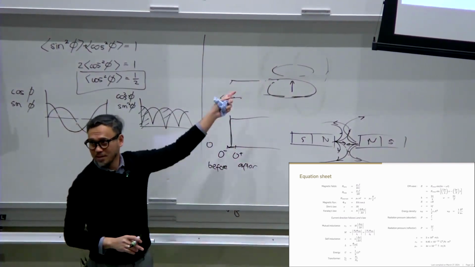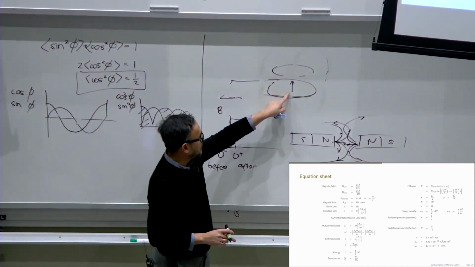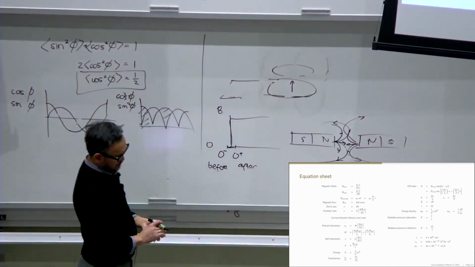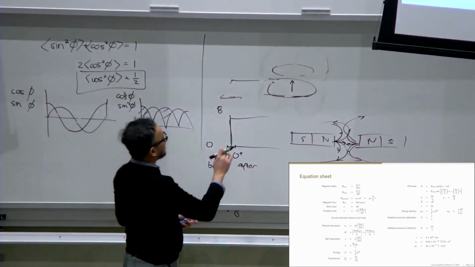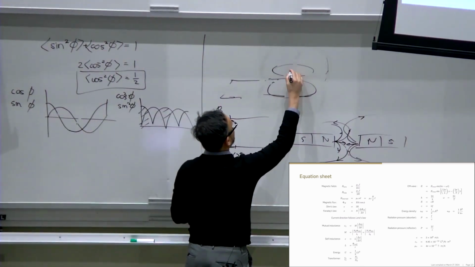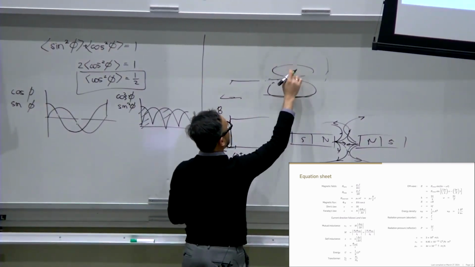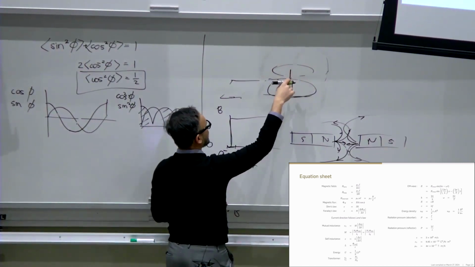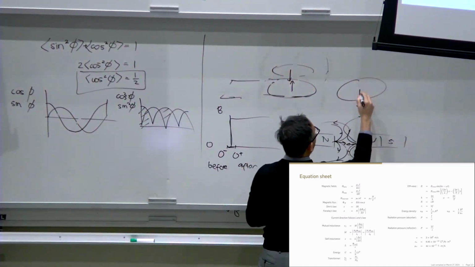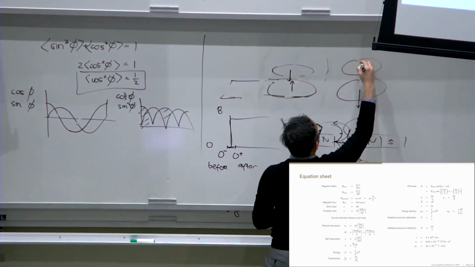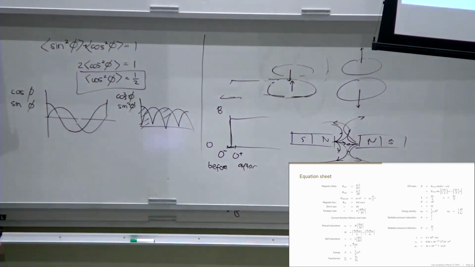Don't worry too much about whether it goes up or goes down, but they will repel. If this one points up, then the induced magnetic field will point down. If this one points down, then the induced magnetic field will point in the opposite direction because of Lenz's law.